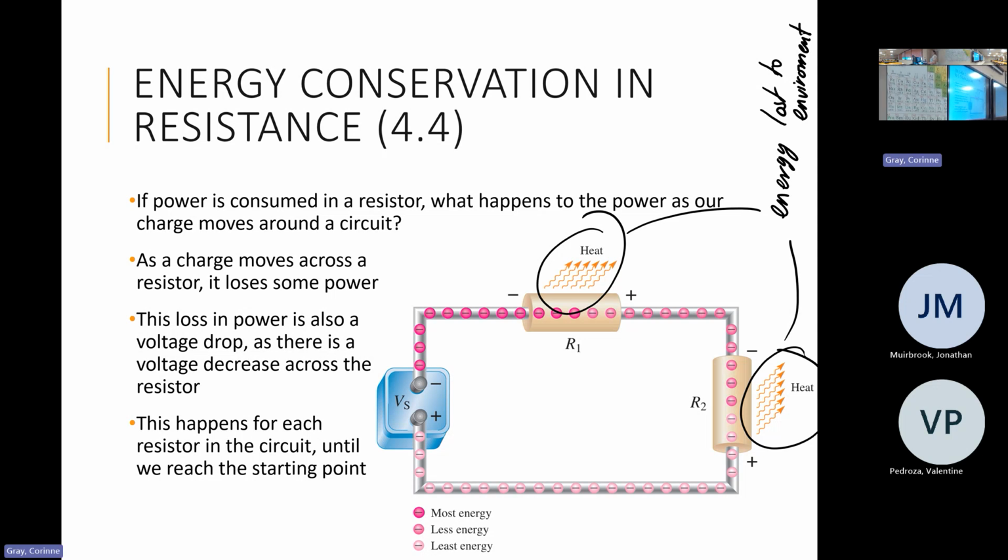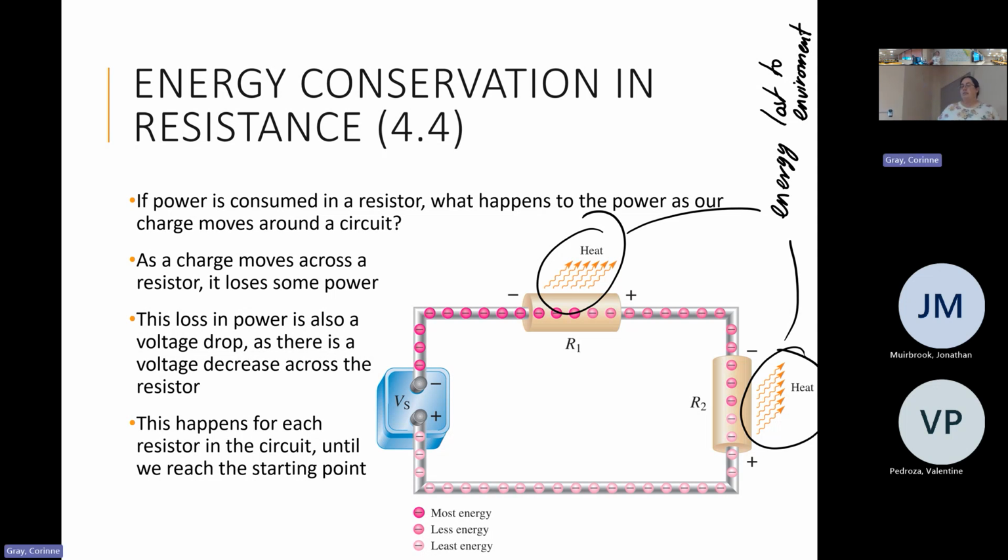So this is something that happens in real life as well, right? Your wires do heat up. So there is more energy being lost, but typically the energy that's being lost inside the wire is much smaller than that of the resistor. So again, it's typically ignored. However, if you really needed to go into it, it would be of importance.